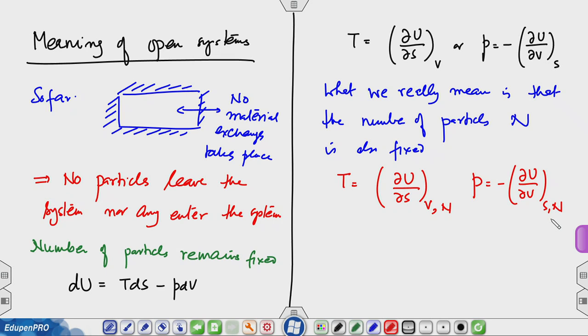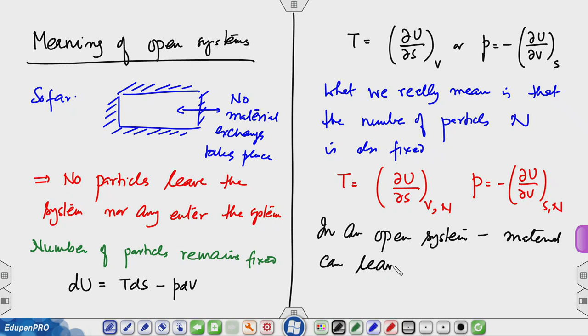Now, in an open system, material can leave or enter a system, and therefore related properties also change.